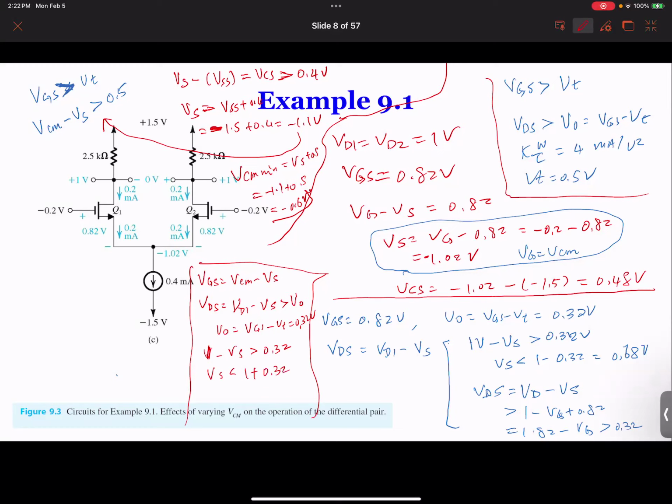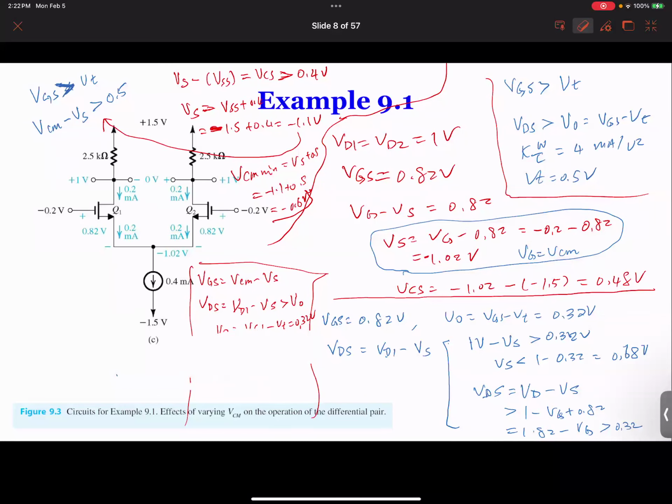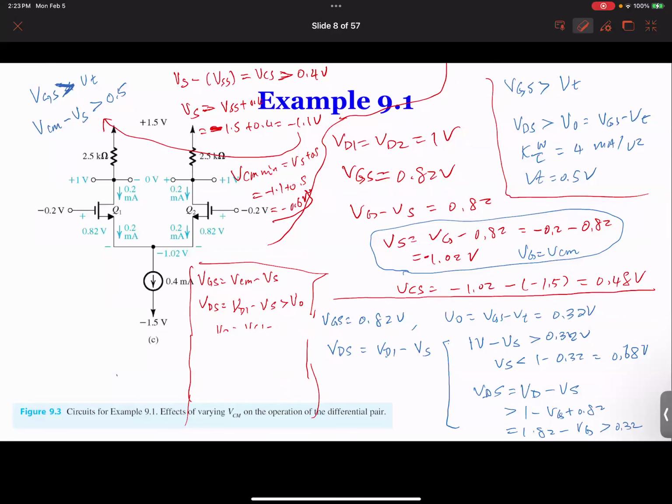Vs has to be less than 1 plus 0.32. No, something is wrong. So VDS is equal to VD1, which is 1, minus Vs. Sorry. We do this one. I want to make sure that I got everything correct so that I don't confuse you guys.